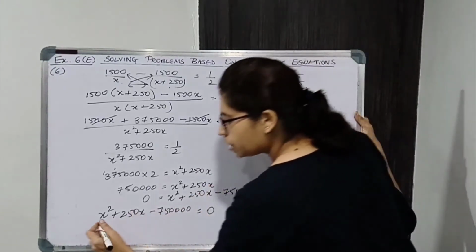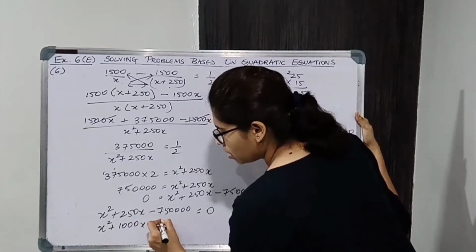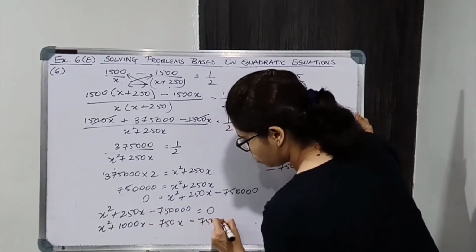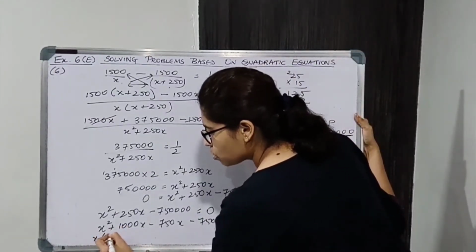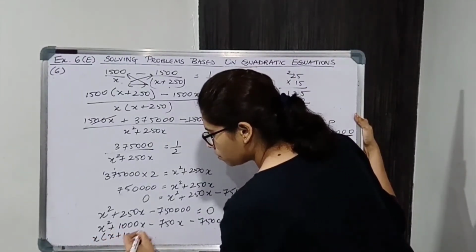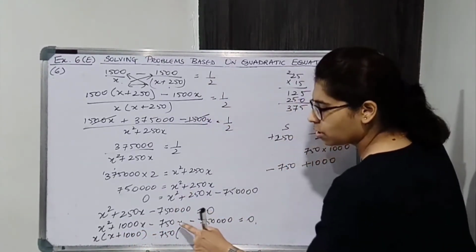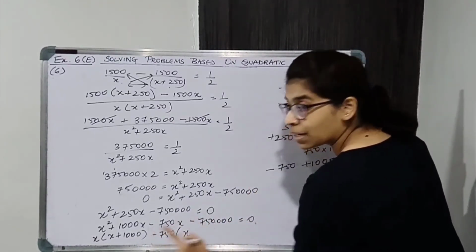So split the middle term, x square plus 1000x minus 750x minus 7500000 is equal to 0. Here we'll take x common, so x plus 1000 minus 750 common, so signs will change. This will become positive. This will also become positive because we are taking minus outside.